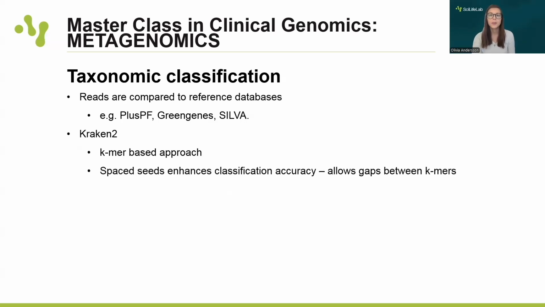So Kraken 2 uses a k-mer-based approach, dividing reads into fixed-length substrings or k-mers that are mapped to the reference database. Each k-mer is assigned to the lowest common ancestor of all genomes in the database containing that given k-mer.